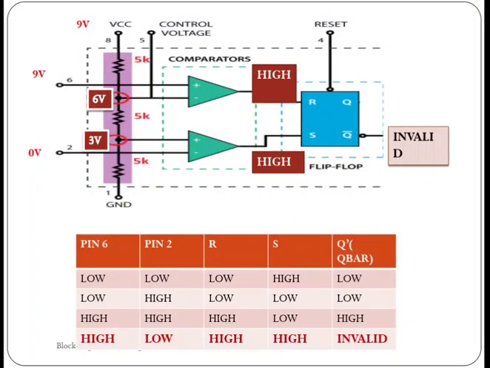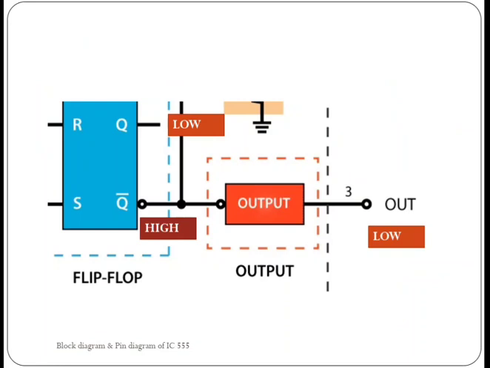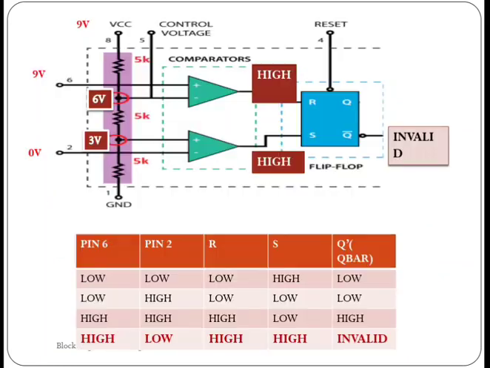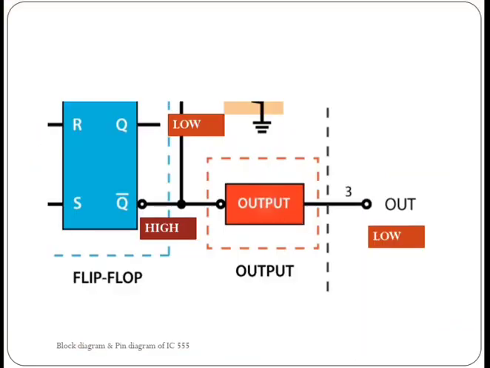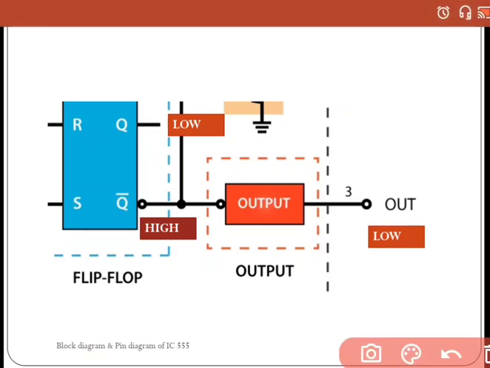Now consider the case here. What is going on after this flip-flop? We got the input of the flip-flop and we got the output of the flip-flop, and what is going to happen after that? After that flip flop, it is directly connected to a NOT gate. Here is a NOT gate, and you get that output.